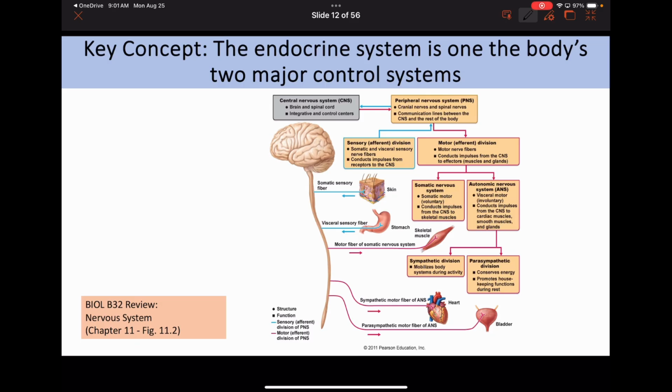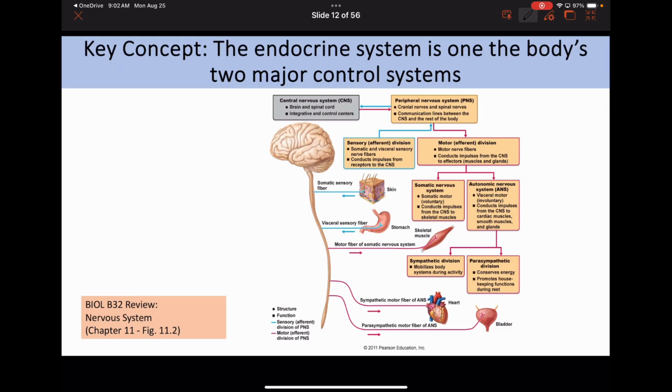Okay, so the nervous system, again, is our other control system. Make sure that you do review the breakdown of the nervous system. This is going to come into play throughout the semester, especially the autonomic nervous system. We'll talk a lot about fight or flight versus rest and digest, and how those systems work in different situations and how they affect the different organ systems.